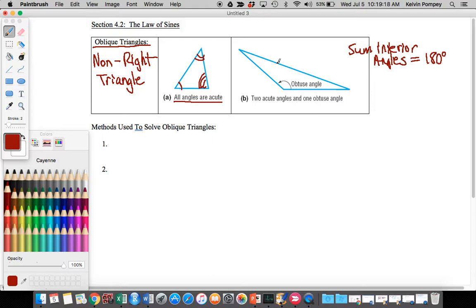There are basically two methods that we can use to solve oblique triangles. One is called the law of sines, which we're going to talk about in this section. And in the next section, we're going to talk about the law of, you probably could guess it, cosines. Okay. And so similarly to how we solved the right triangles in the previous section, we can use this method.